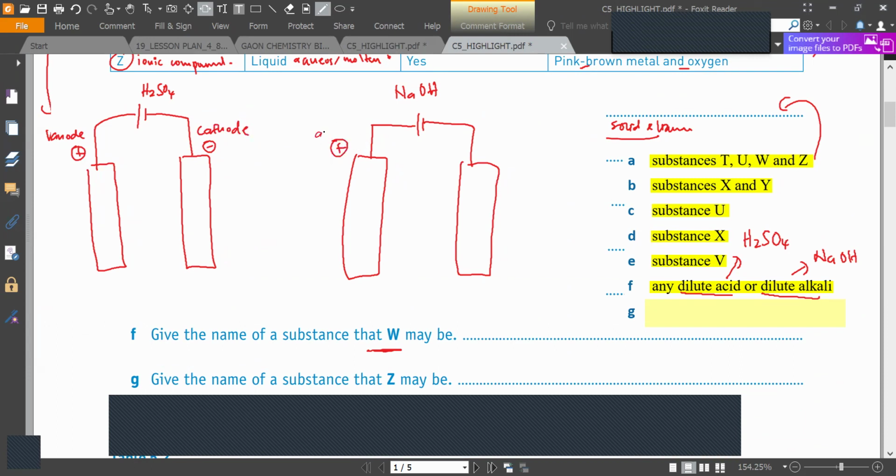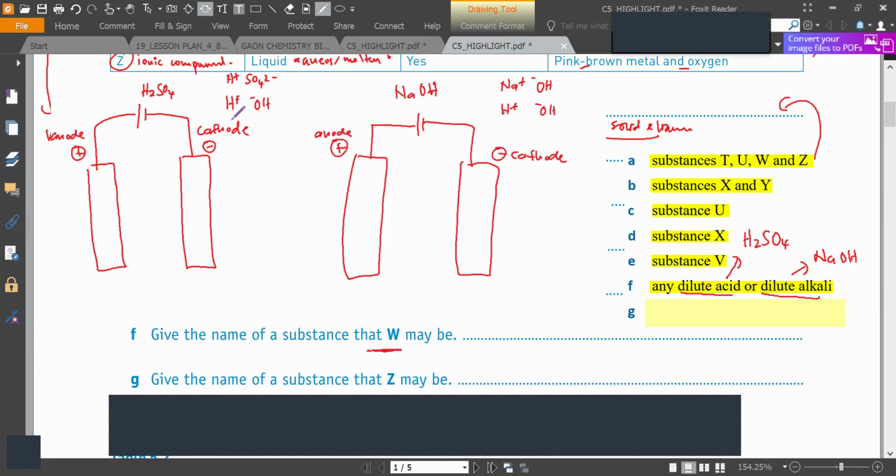Positive anode, negative cathode. So what ions do we have? We have H plus and sulfate. Here we have sodium plus and hydroxide. And then from water, H plus and hydroxide.